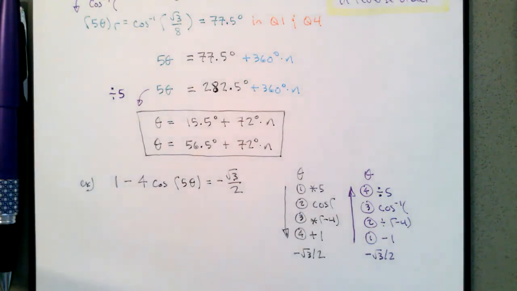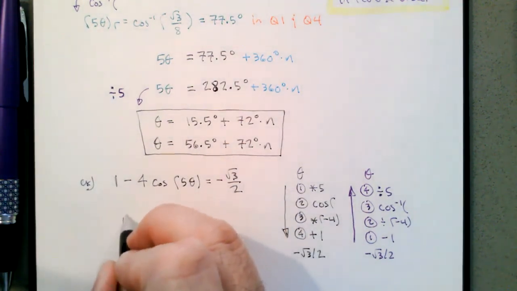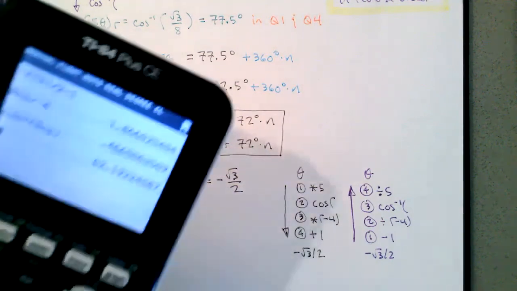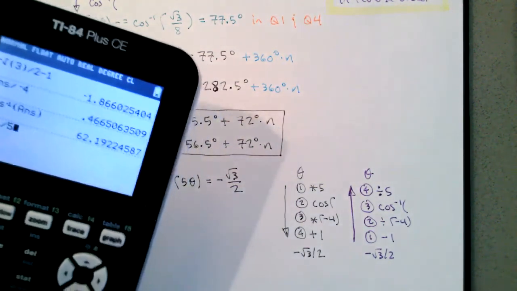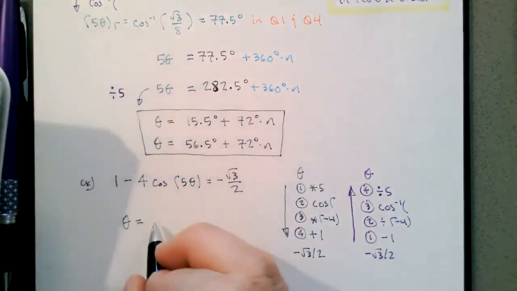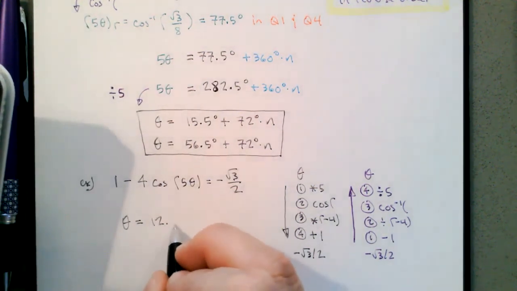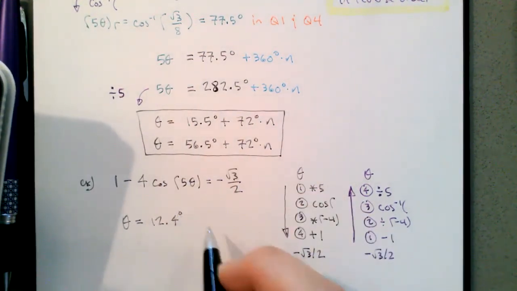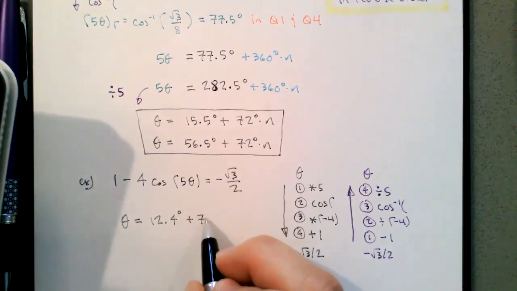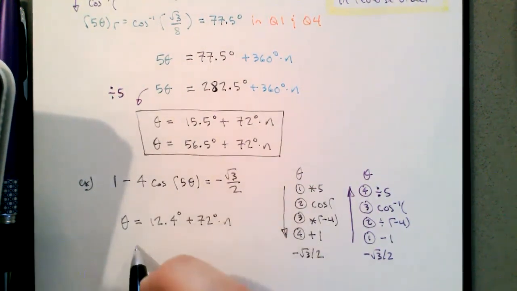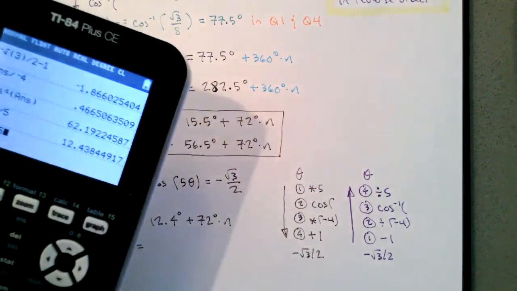So theta. I need the 62.19. I need that divided by 5. So that's going to be a 12.4. And I happen to know that the period is 72, so plus 72 degrees times n. And my other answer, well, I'll need 5 times this again.